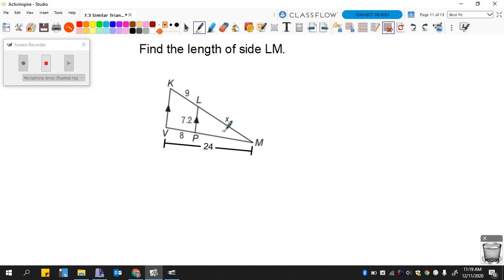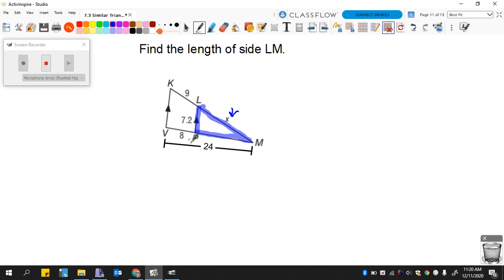Okay, so we're going to go small to large. The small is this one right here. We know that this side right here is x, but we don't know what the length of this side is.